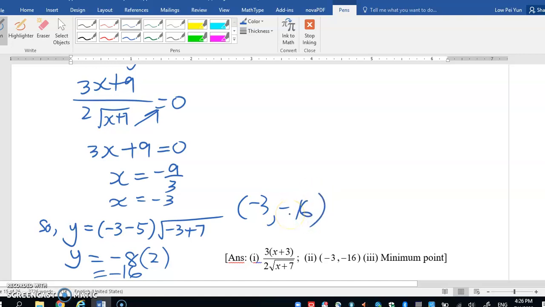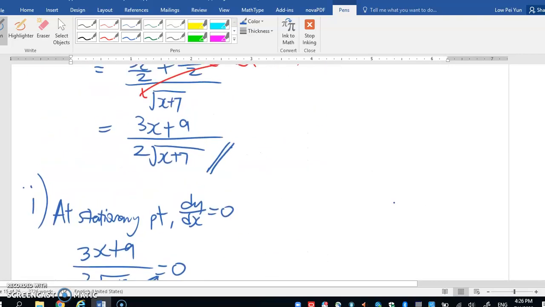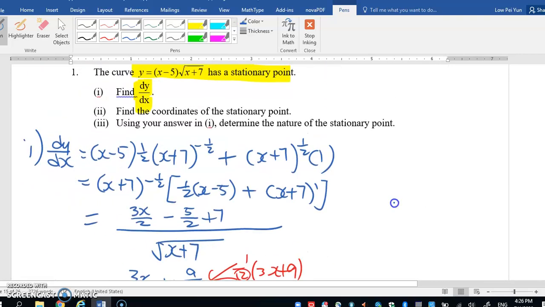Now I need to use part 1's answer to determine the nature of the stationary point. Since we are at d2y/dx squared, the second derivative test, now let me use d2y/dx squared to find the nature of the stationary point, whether it is going to be a maximum or minimum point. Okay, over here I hope I have enough space.